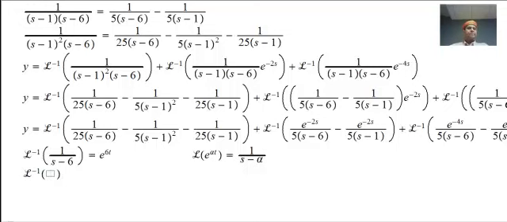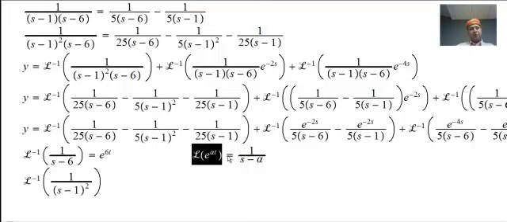Now, next we are going for this, 1 over s minus 1 squared, right? And we were reminded of a result. If I put such a thing on the test for you, I will first ask you to compute this.